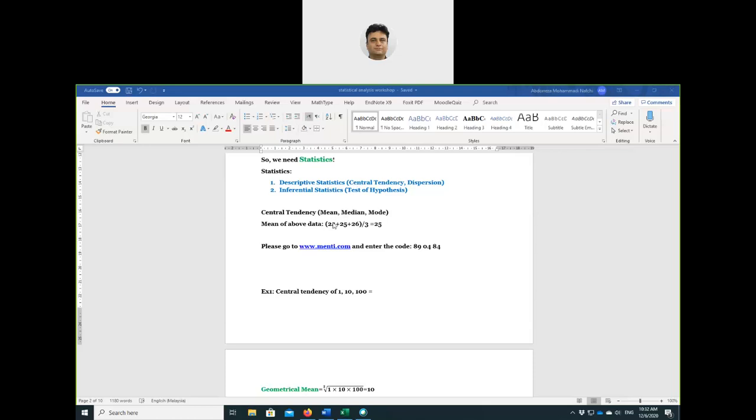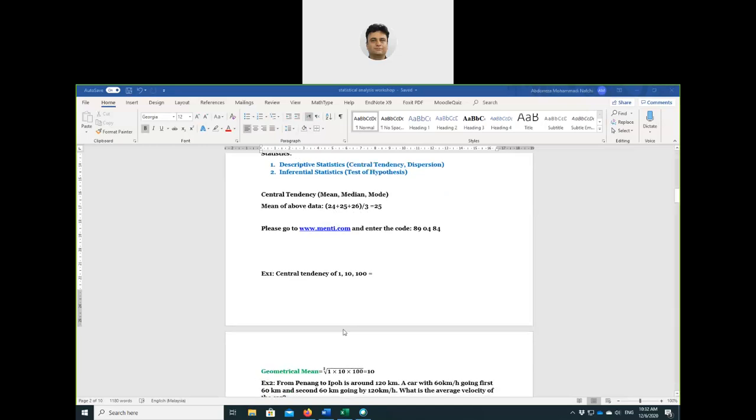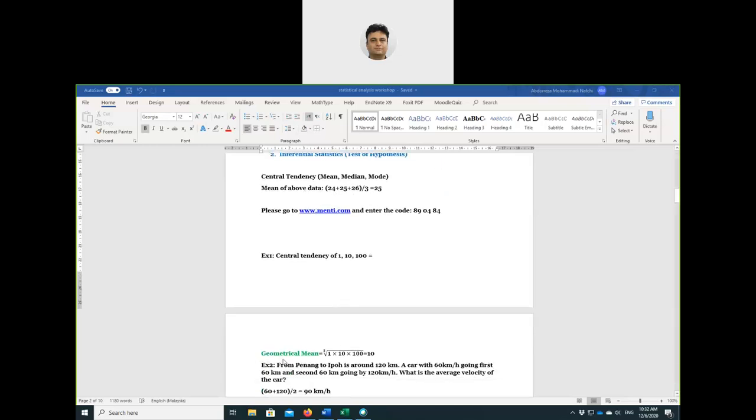We have the arithmetic mean, where we sum up and divide by the number. Another type of mean is the geometric mean.